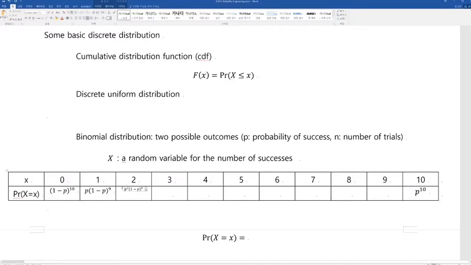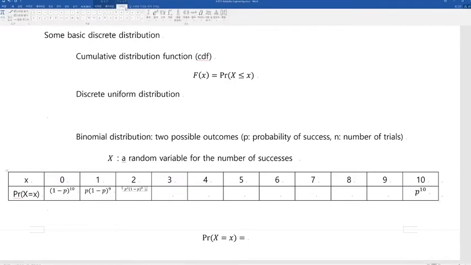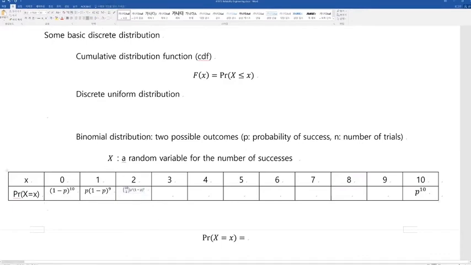Among the 10 trials, we need to have 2 successes, and such cases would be 10 combination 2. So it is going to be 10 combination 3, 4, and so on.